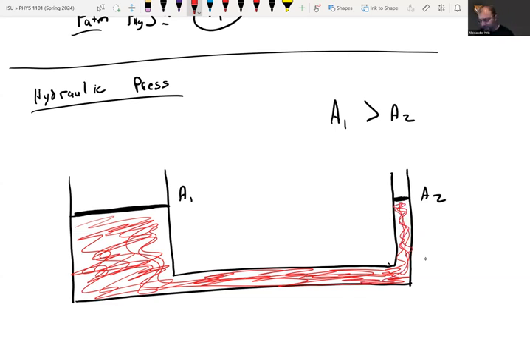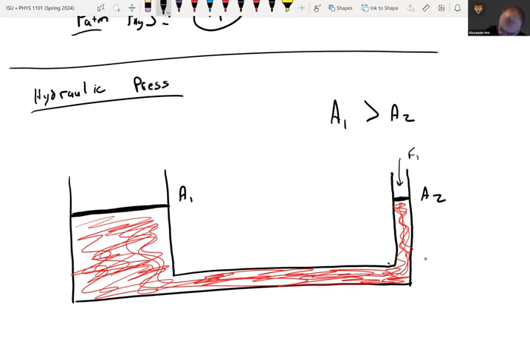Now the idea here is, as this is just Pascal's vases, if they're just left to sit there, then this is fine. But what's interesting is if we apply some force here, F1, then if these are just cylinders free to move, you'll get an upward motion.